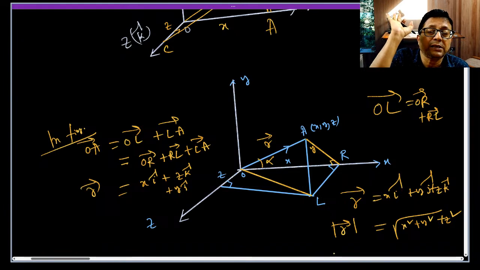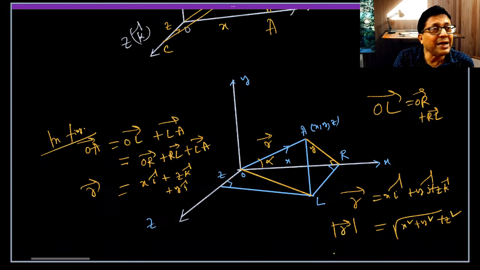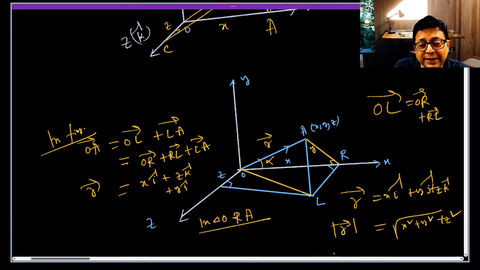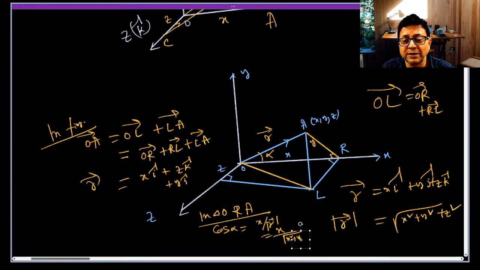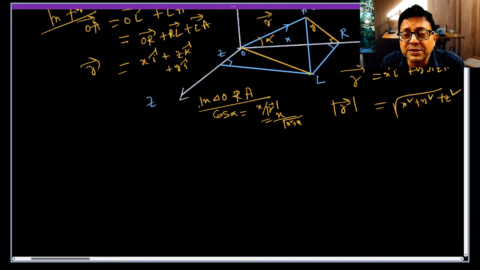We cannot find it without a diagram here. In this triangle ARO or ORA, this angle is 90 degrees. In triangle ORA, cos alpha we can find easily. X by r, which means x by mod r. X by root over x square plus y square plus z square.